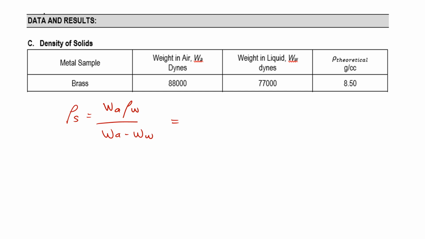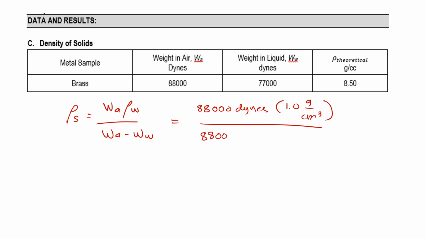Weight in air is 88,000 dynes, multiplied by the constant value of the density of water, 1.0 grams per cubic centimeter, over weight in air, 88,000, minus weight in liquid or weight in water, 77,000 dynes.